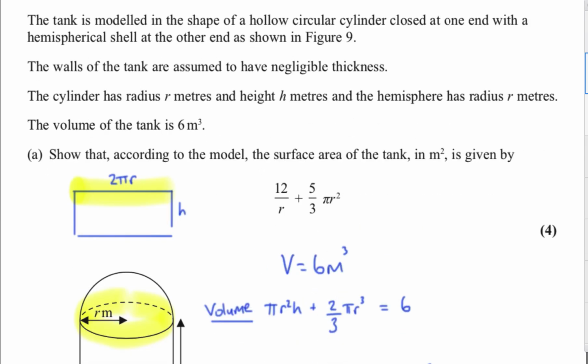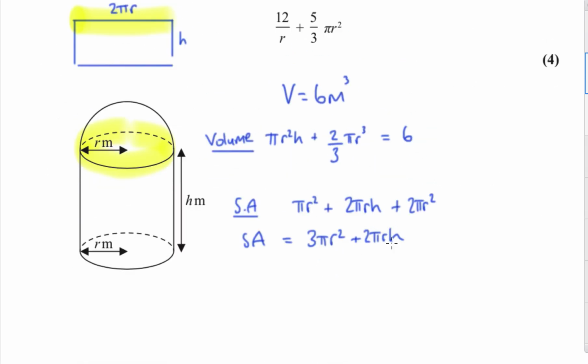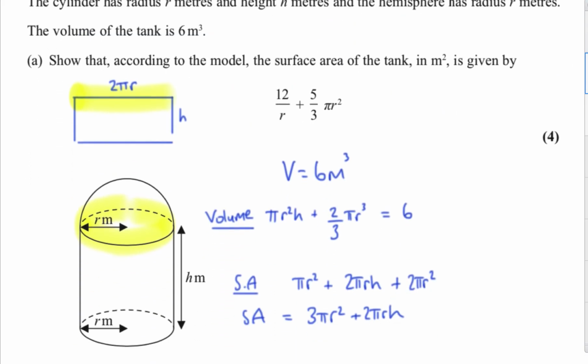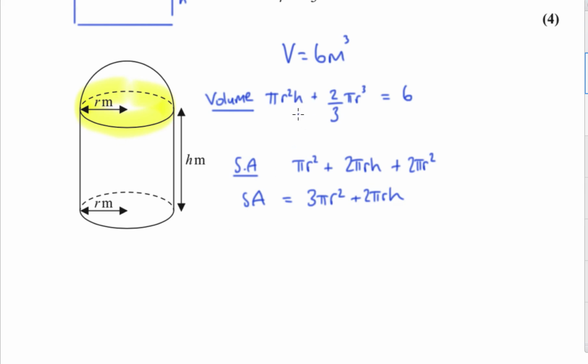What we want to do is eliminate this h. So the way we're going to do that is make h the subject of the volume formula, and then substitute it into here. So let's rewrite: pi r squared h plus 2/3 pi r cubed is equal to 6. So pi r squared h is equal to 6 minus 2/3 pi r cubed.